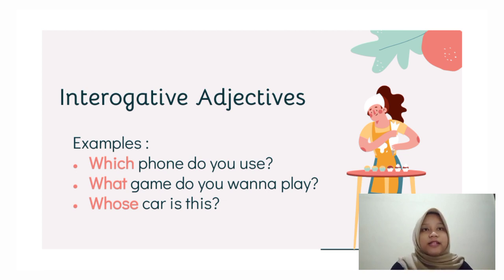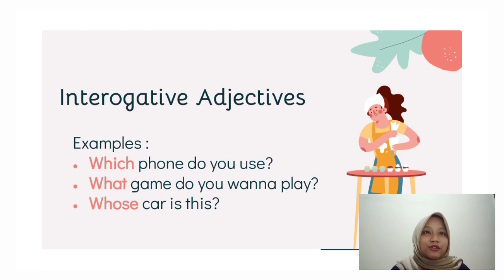Like the first example we have, which font do you use? The interrogative adjective here is which, and after the word which, it is followed by the word font as a noun. The second one is, what game do you want to play?